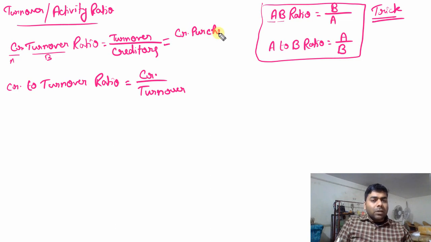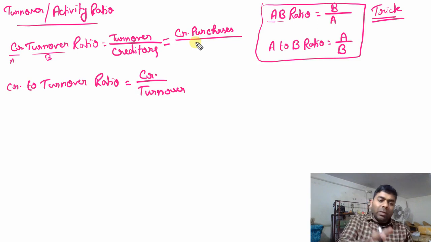And in place of creditors, somewhere in the question, if it is given only creditors, then you will directly write creditors here. Otherwise, if in the question it is given opening creditors, closing creditors, opening trade payables, closing trade payables, then you will write average creditors here.